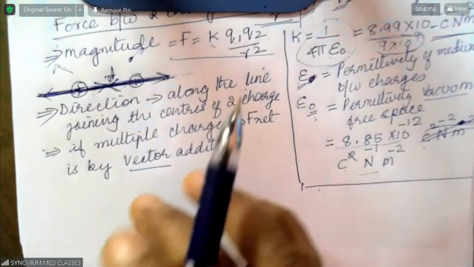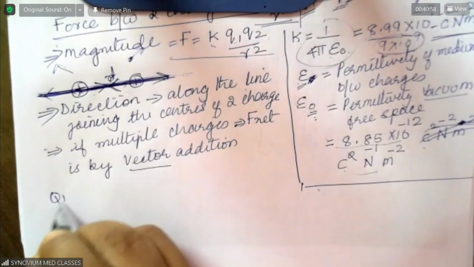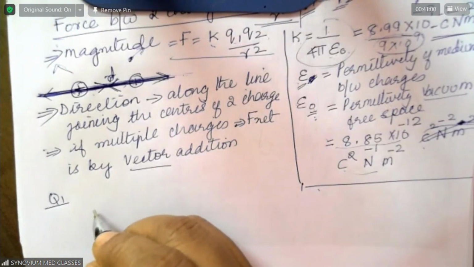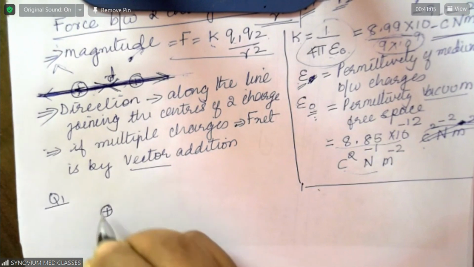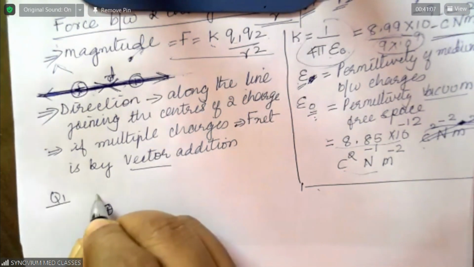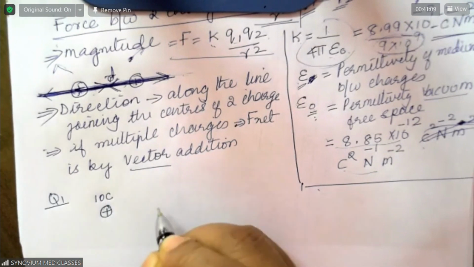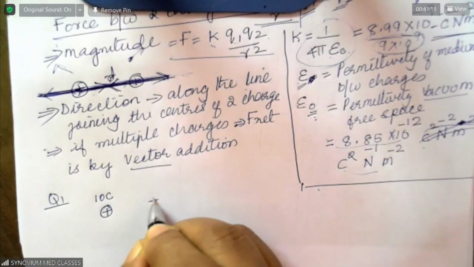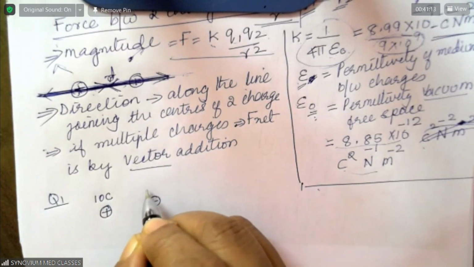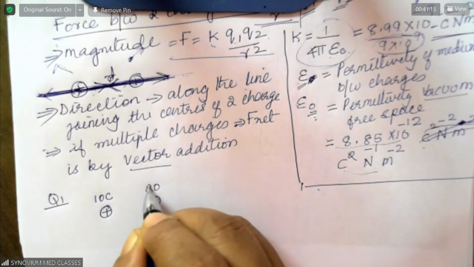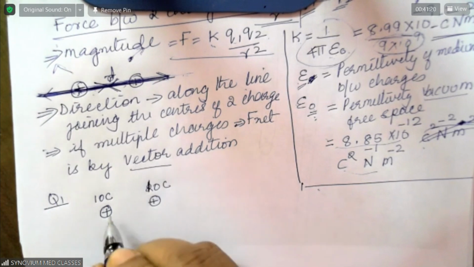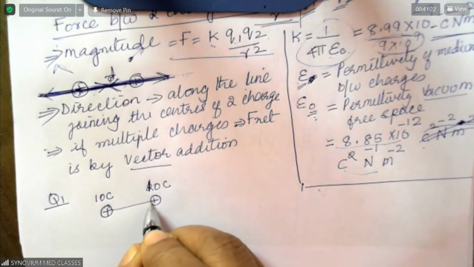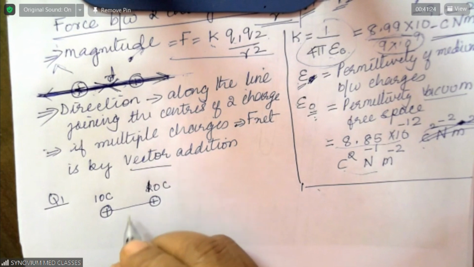Then I'll give you 3 or 4 charges. So question 1. Assume some easy numbers. You have a plus charge which is 10 coulomb, and another plus charge which is 10 coulomb, separated by a distance of 4 meters.